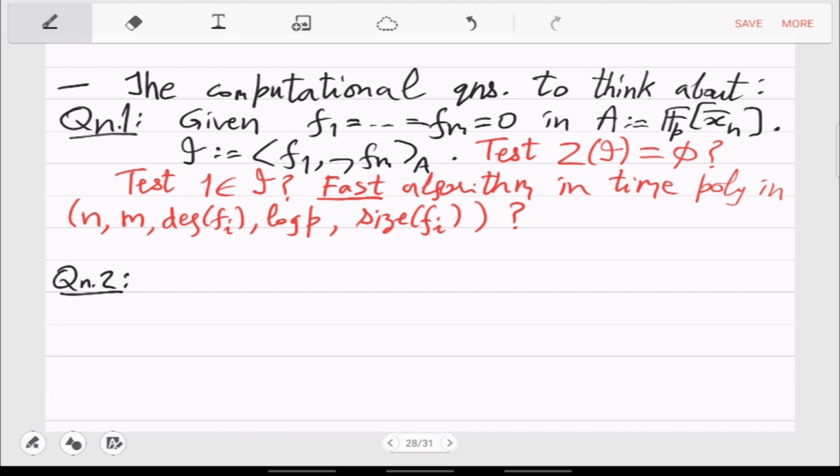Second question is a slight generalization of this. You can directly ask what is the dimension of this zero set.